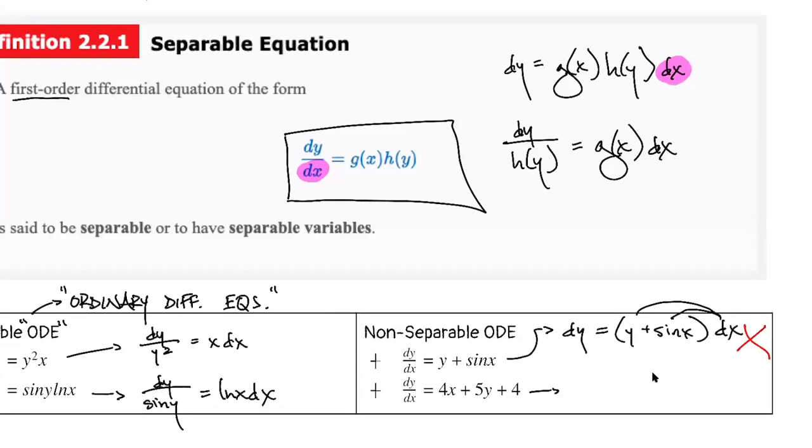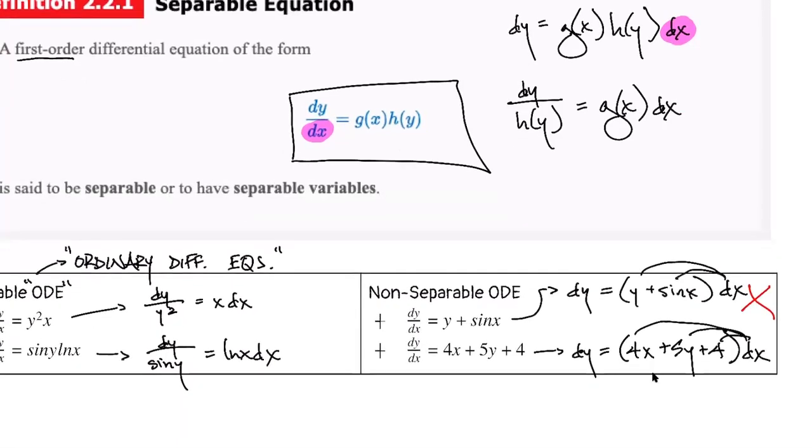Similarly, for this second one here, if I multiply dx to both sides, I have to distribute the dx to the 4x, the 5y, and the 4. And so when I distribute those, I'm mixing y's and dx's. And so this mixing of this y and that dx means it's not separable.